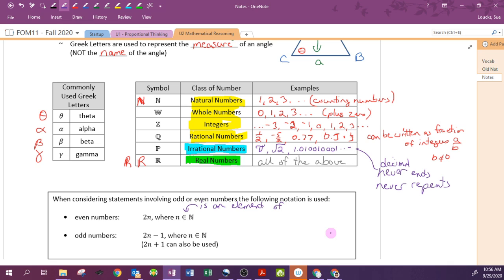And anything that I can write as 2 times a natural number will be even. Right? 2 times 5 is even, 2 times 12 is even, 2 times 516 is even. An odd number is 2n minus 1. So 5, for example, would be 2 times 3 minus 1. We'll use this on the next page. I wanted all of these things to be on one page for you to refer to. Okay, let's go to the next page.